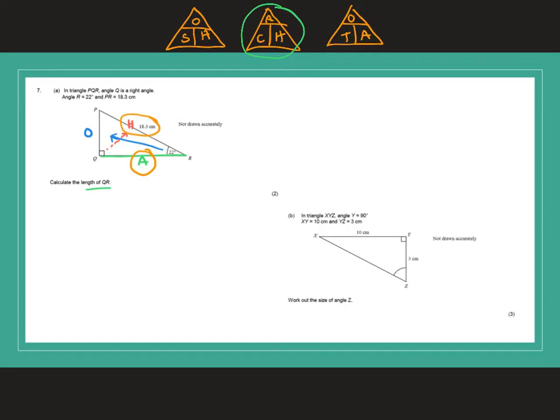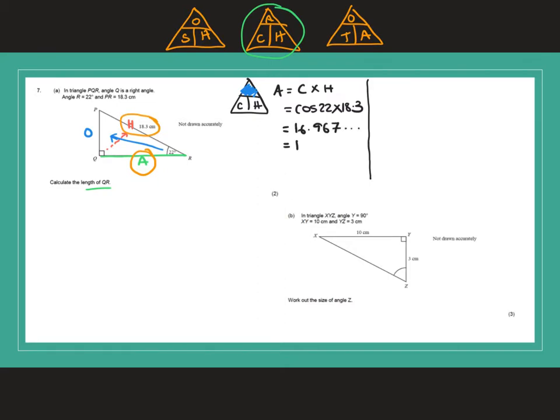Different people will then go about the calculation in different ways. Some people will look at this, identify that they need to work out A, which means they cover up A, and they can say that the adjacent is equal to C multiplied by H, which is cos 22 multiplied by 18.3, which comes to a value of 16.967 and I will round that.